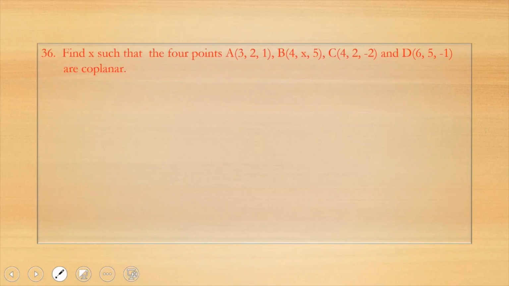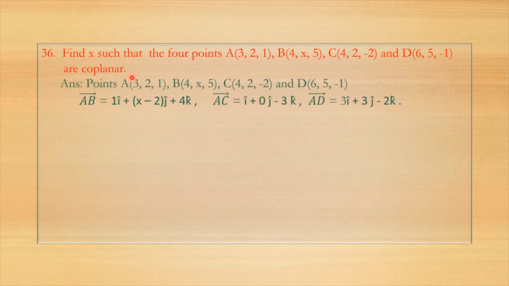Question number 36 is: find x such that the given 4 points are coplanar. So dear all, we know that to show that given points or given vectors are coplanar to each other, we need to prove that the box product of coterminous edges, or the scalar triple product of coterminous edges, is equal to 0.